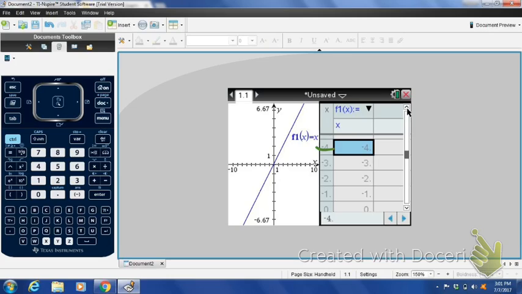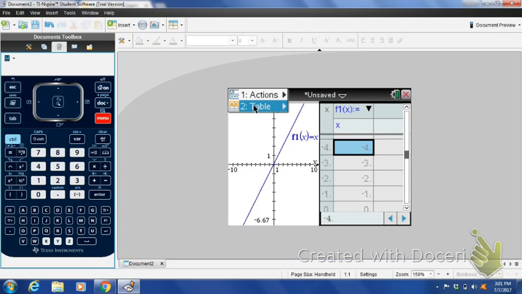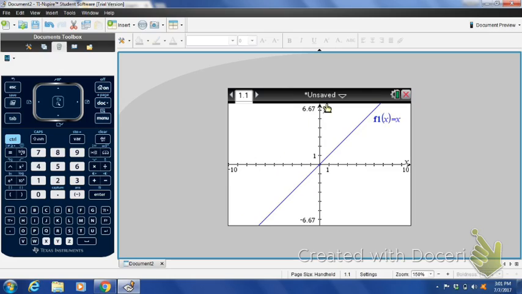When x is negative 3, y is negative 3. Now this column is x, and this f1 column is going to be y. Pretty straightforward. You get rid of the table by going to Menu, and then Table, and then Remove Table. And so that's the first graph that we got.